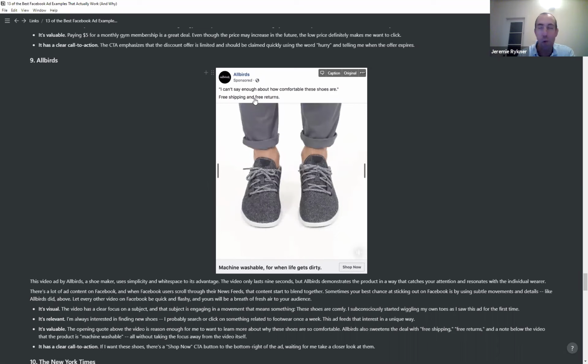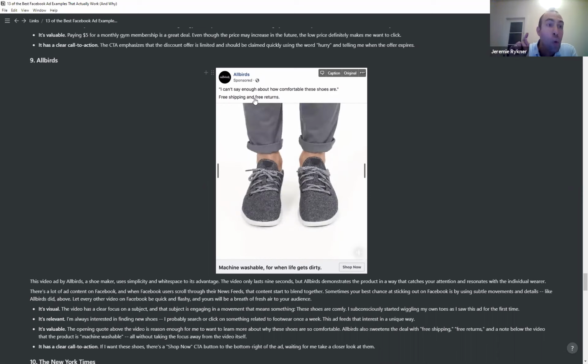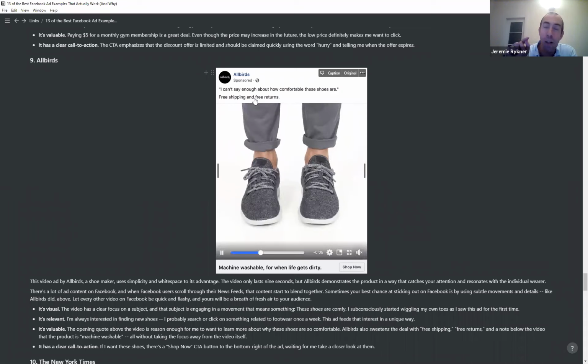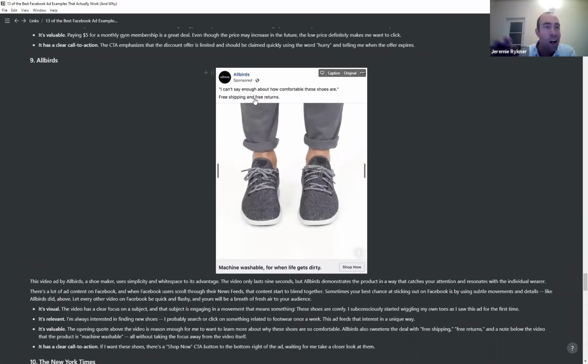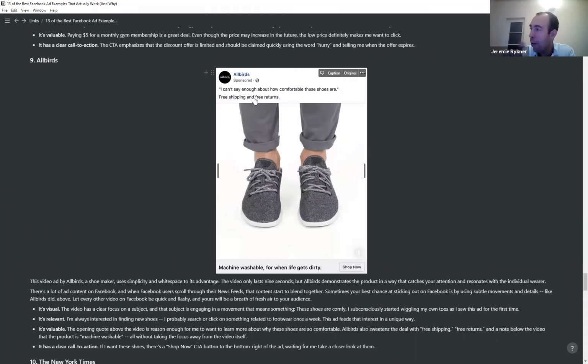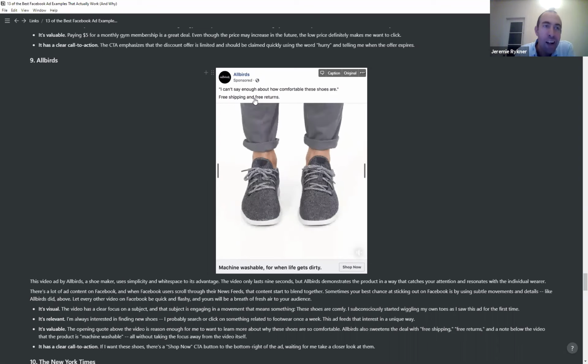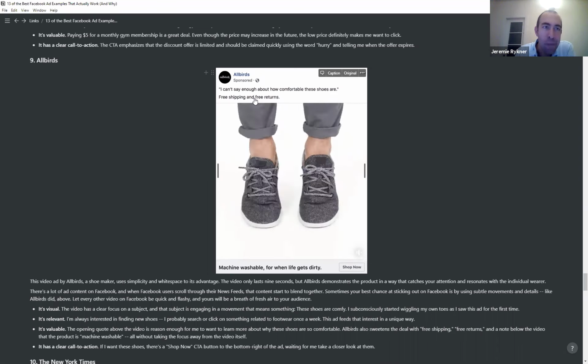Everything is gray like the shoe. And the focus is on what? The text is focusing on the comfort. The focus here is on the way it is comfortable. That's why you see someone wearing them without socks, probably, and also moving his feet in a comfortable way. So you can see here: focusing on comfort, machine washable, for when life gets dirty, or when you're putting on shoes without socks for too much time.